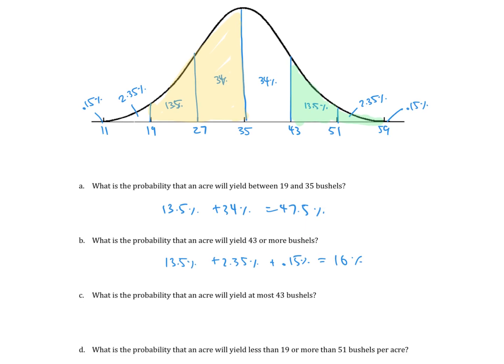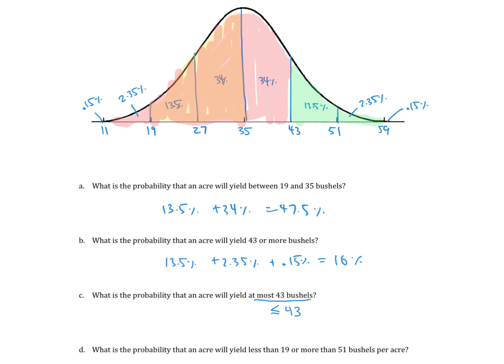What is the probability that an acre will yield at most 43 bushels? At most is the same as less than or equal to 43 bushels. So less than or equal to 43 would be from 43 all the way to the left.